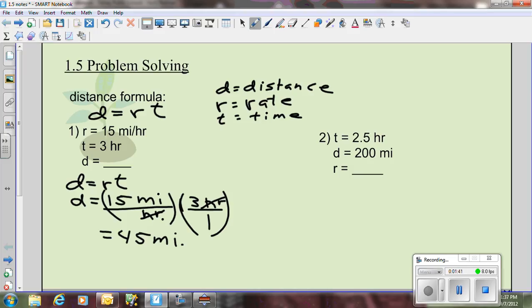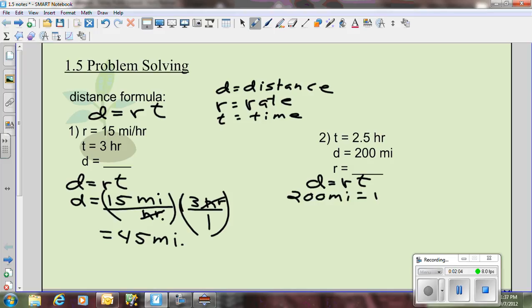Okay, so let's look at the second one over here. This time, we have time is 2.5 hours. Distance is 200 miles, and I need to find the rate. So I'm going to start again by writing down the formula every time. Distance is 200 miles.